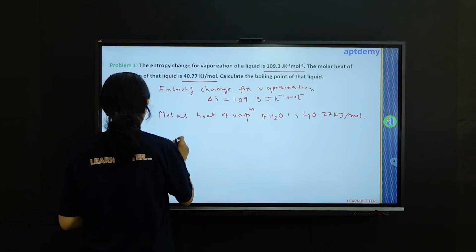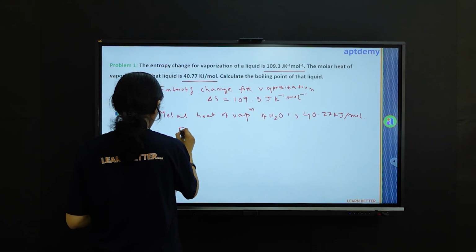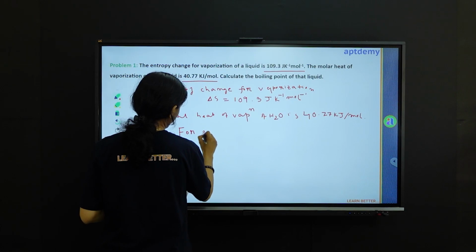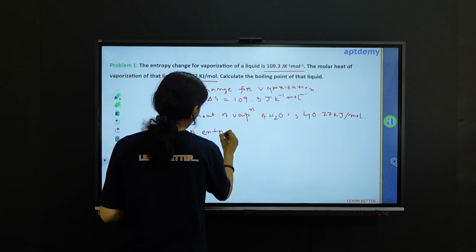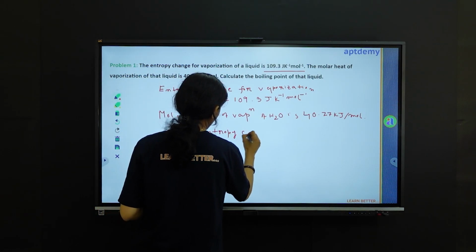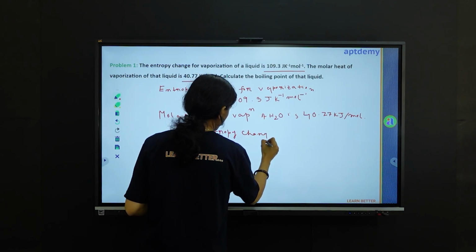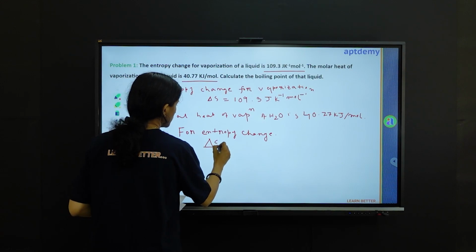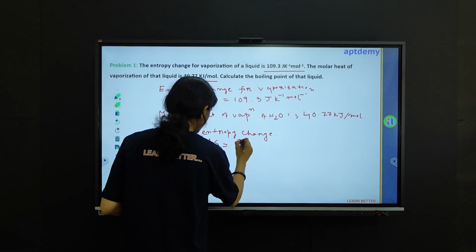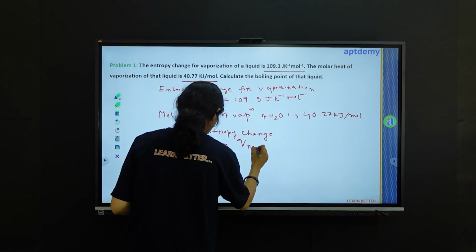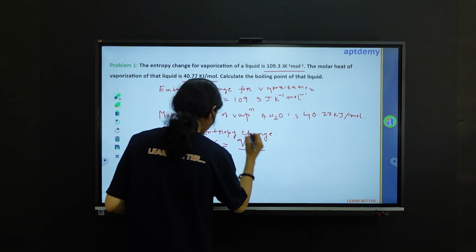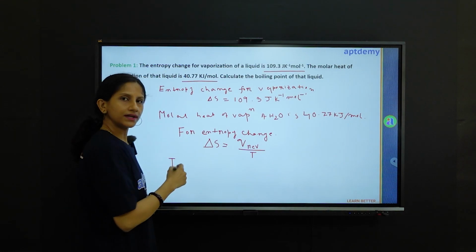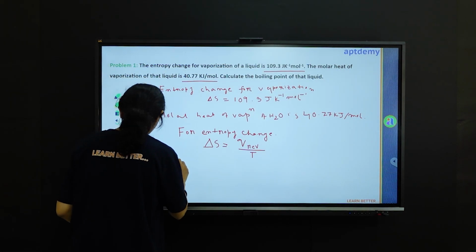Now, what do you know from the entropy change? What is the formula that we are going to use here? Delta S is equal to Q reversible divided by T, right? And this T we will consider as the boiling point or boiling temperature.